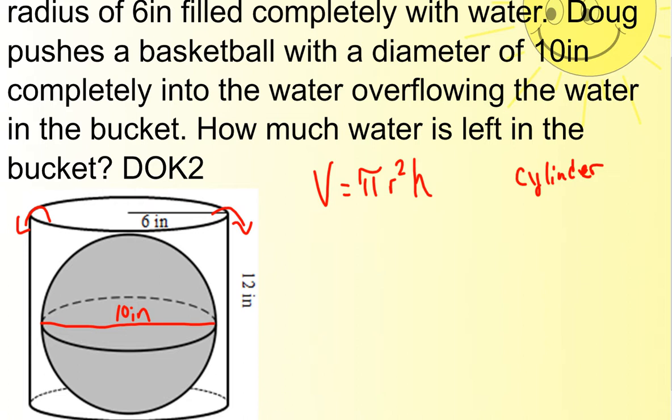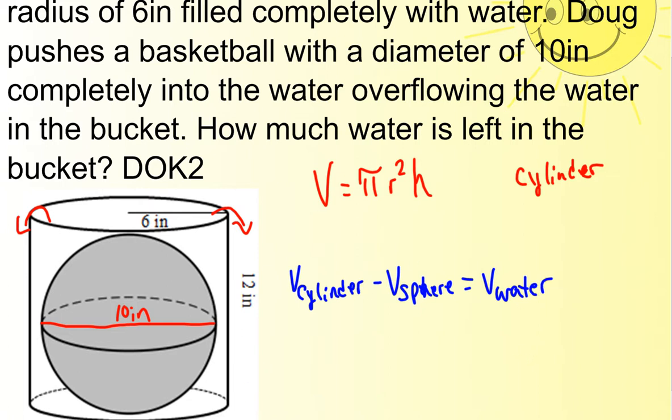So our final problem is eventually going to be, we're going to take the volume of the cylinder and subtract the volume of the ball. Let's not use ball, let's use sphere. Use our proper language here. And that will be the amount of water left in the bucket.